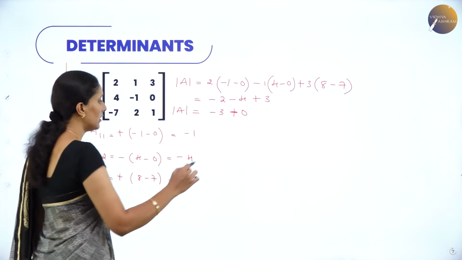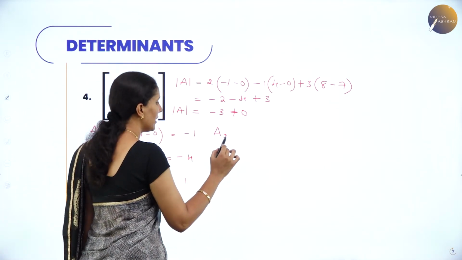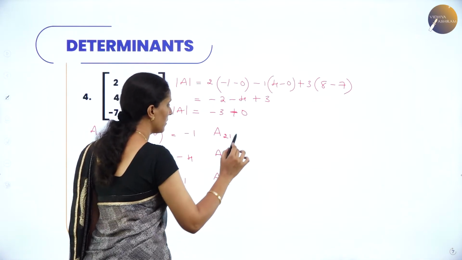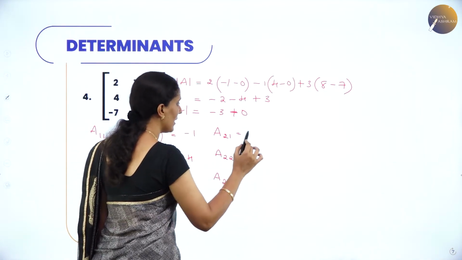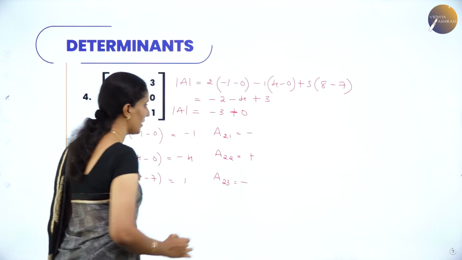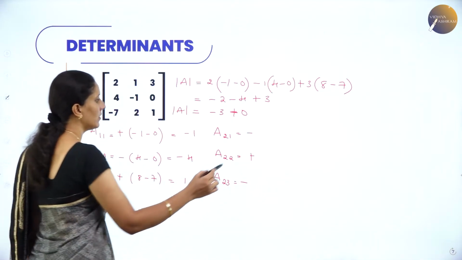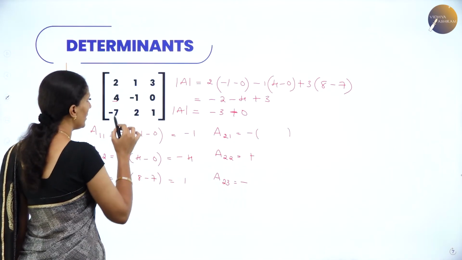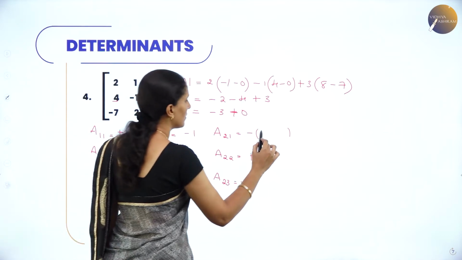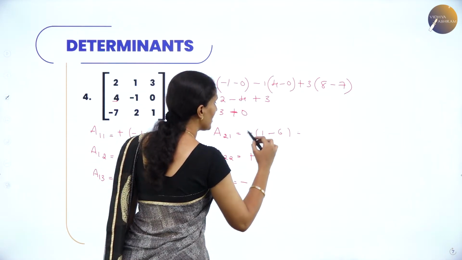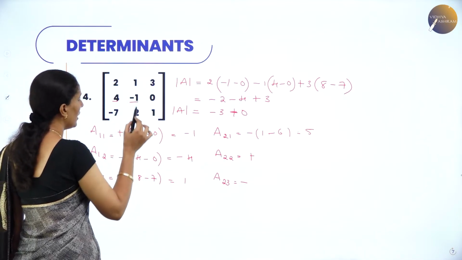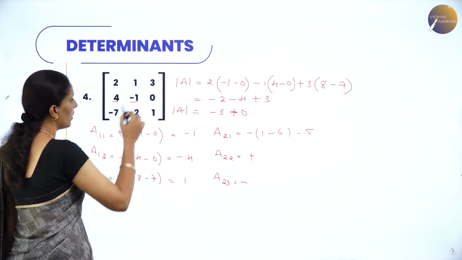Let's find out the second row: A21, A22, A23. So here the signs are minus, plus, minus. For 4, delete the row, delete the column, 1 minus 6, which becomes minus 5, into minus, plus 5. Next for minus 1, delete the column, delete the row, 2 minus.